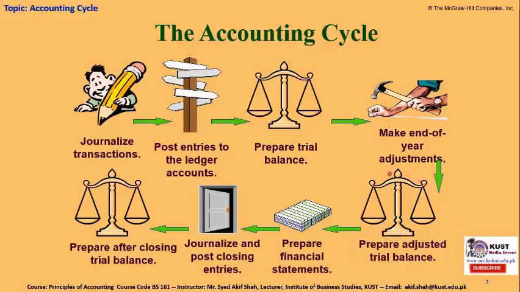Now we are on the fifth step, where we have our adjusted trial balance. From this adjusted trial balance, our final destination will be achieved, which is to make the financial statements: balance sheet, income statement, statement of cash flows, statement of owner's equity, and statement of retained earnings. After achieving our final destination, we have to close down the nominal or temporary accounts which are relevant to one accounting period or accounting cycle.